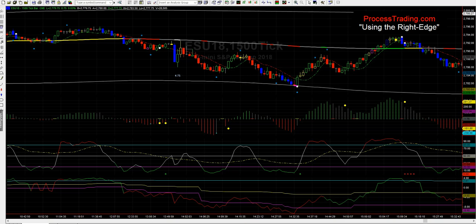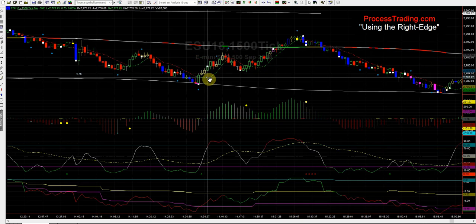Well, the other thing that we know about the contrabands is that the support line here, it's the process trading VWAP line. So it could be gray or it could be yellow, and we know that that is part of the trend trading mechanisms.